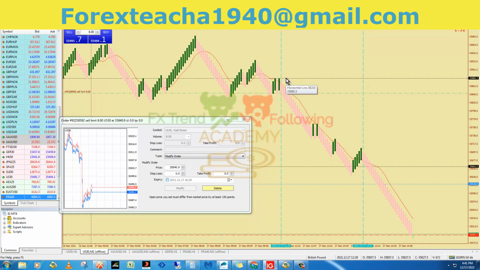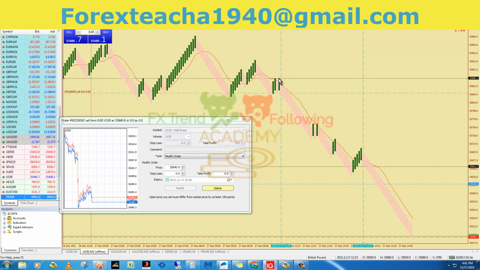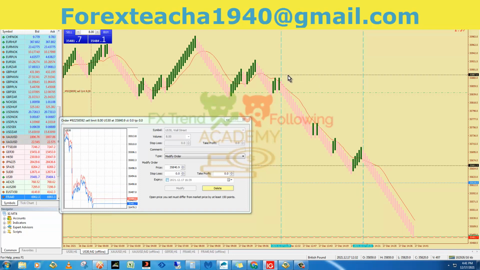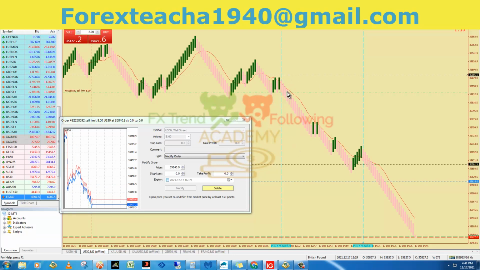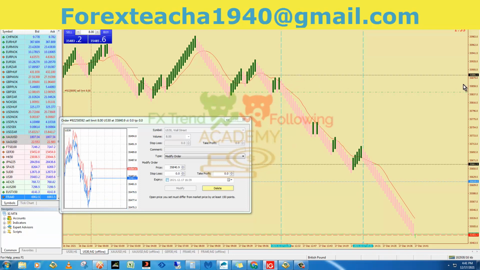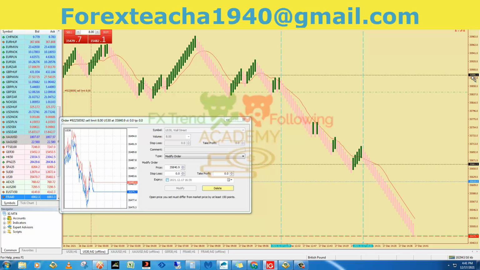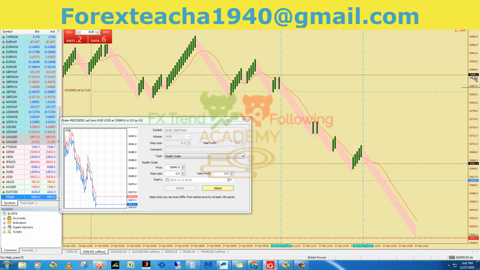All right, so if it was a downtrend already, it was going to show you exactly what I'm trying to say, but you put it on top of the second one. So in this case, it was going to be above here. All right, so this was going to be our stop loss, which was going to be 35,886.1.